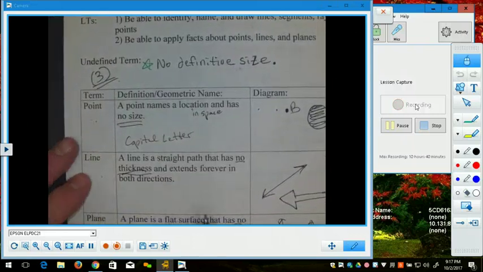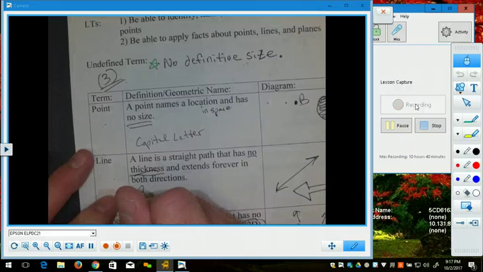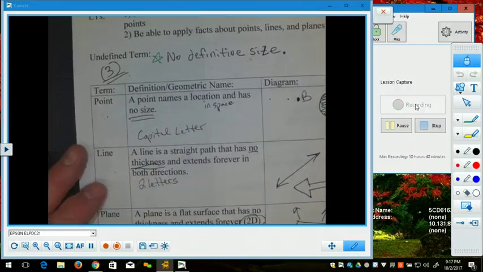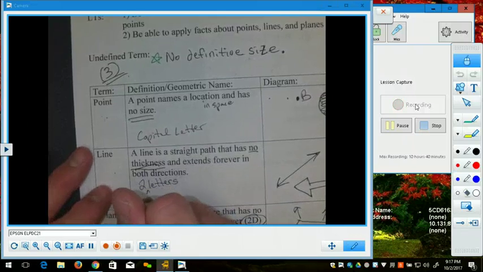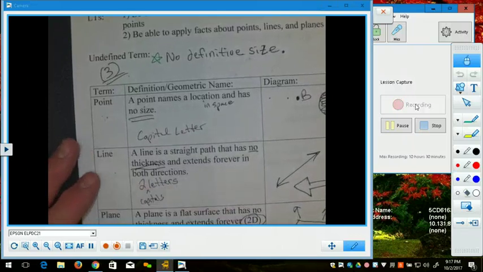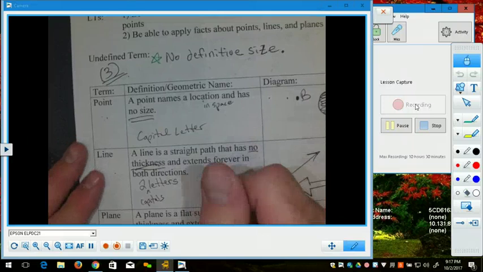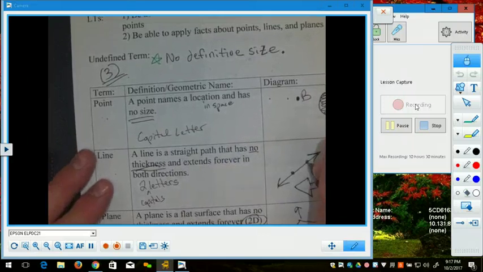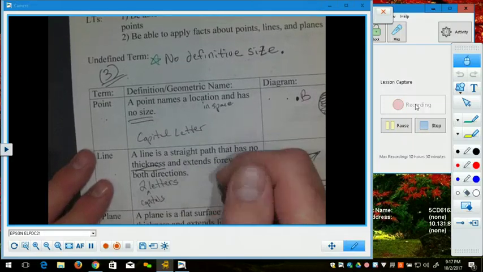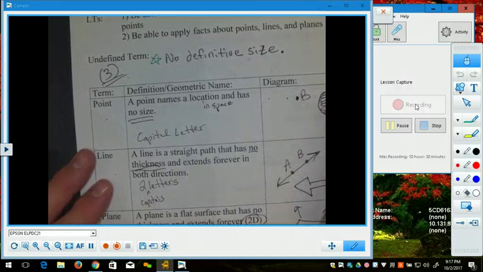A line is named with two letters because it takes 2 points to make a line. And it has to be two capital letters, 2 points. And it has the following notation. So if I put 2 points on there, called them AB, that would be line AB.